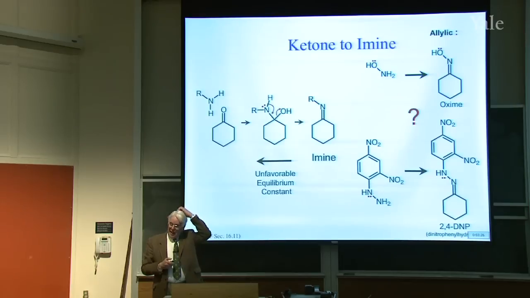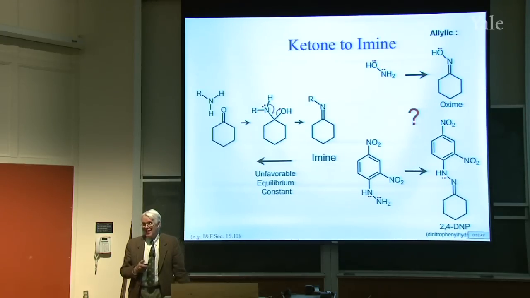Now, how about on the left? Does having the unshared pair on the left make any difference? That would help the reaction go to the right, right? Is there any reason it should be unstable to have that unshared pair adjacent to the nitrogen on the left? Bear in mind that the nitrogen itself has an unshared pair. What if they overlap?